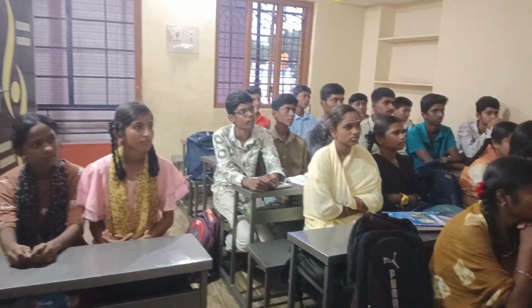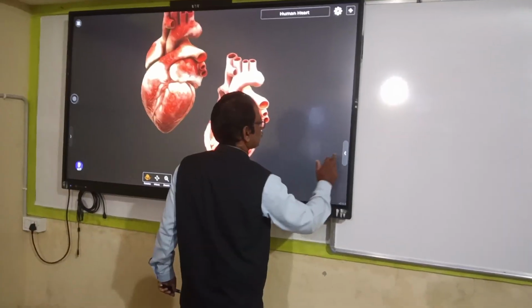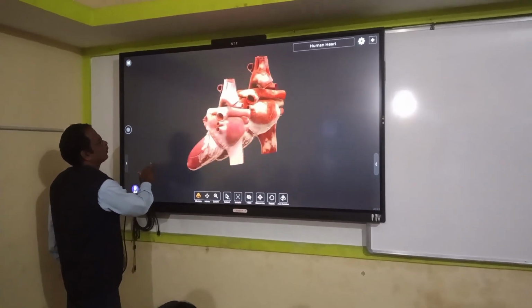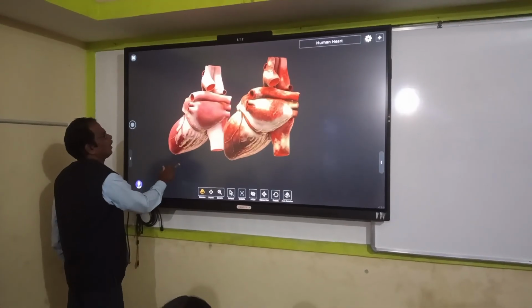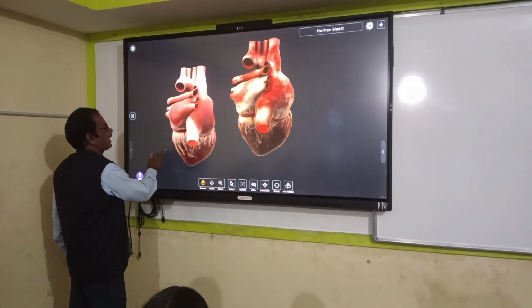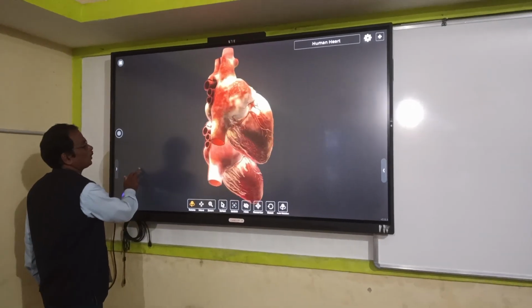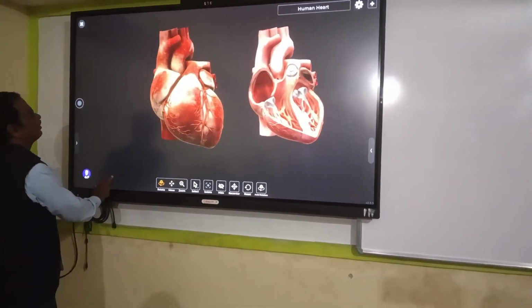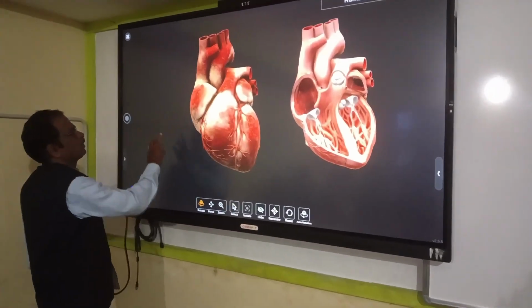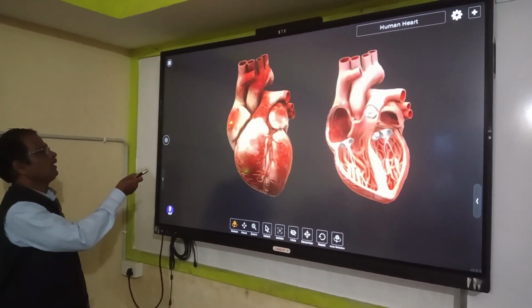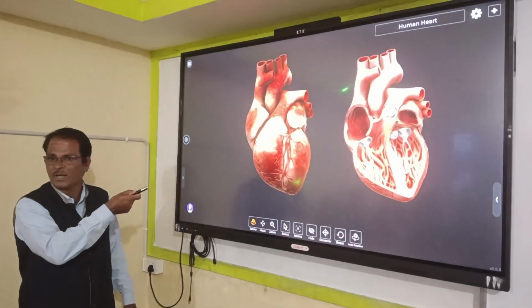In this class we shall study the heart, and this is the three-dimensional heart, where we can see the front face, the sidewise view and the backside view. Totally, the heart in the human body has four chambers. The upper chambers are two, the auricles, present at the upper part of the heart.